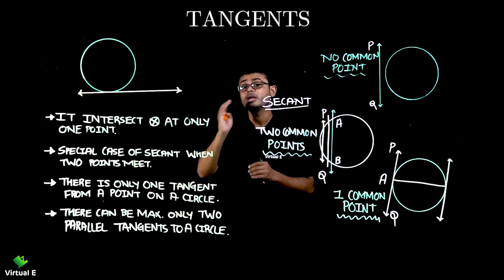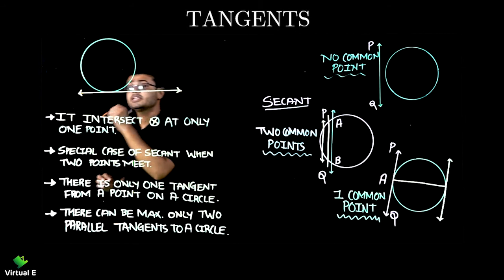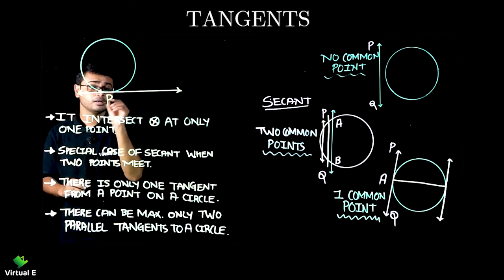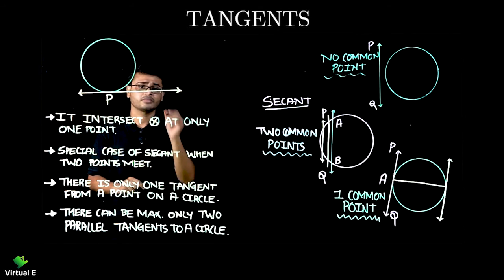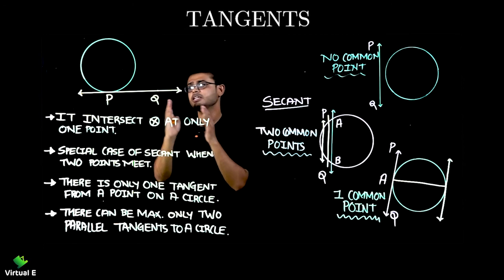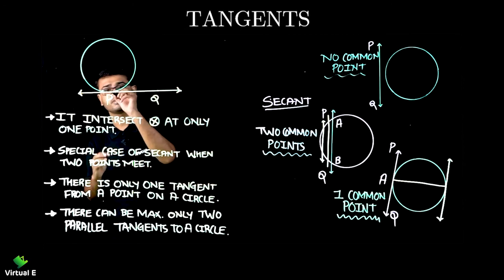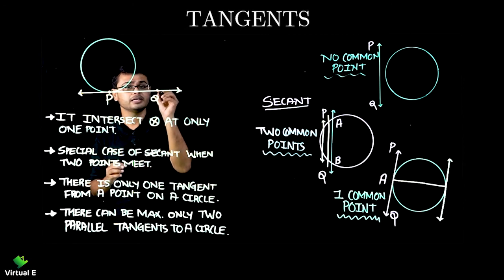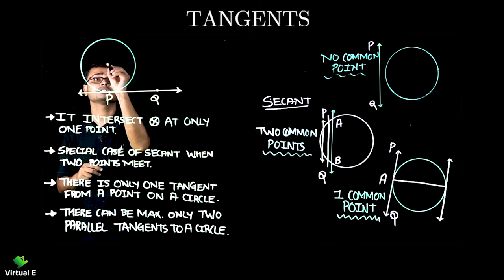Now let's come to the length of the tangent. Let's say this is the point P, the contact point. I'm taking this point Q, right? So a specific line segment from a line is called the length of the segment. Let's name this here as O, right?